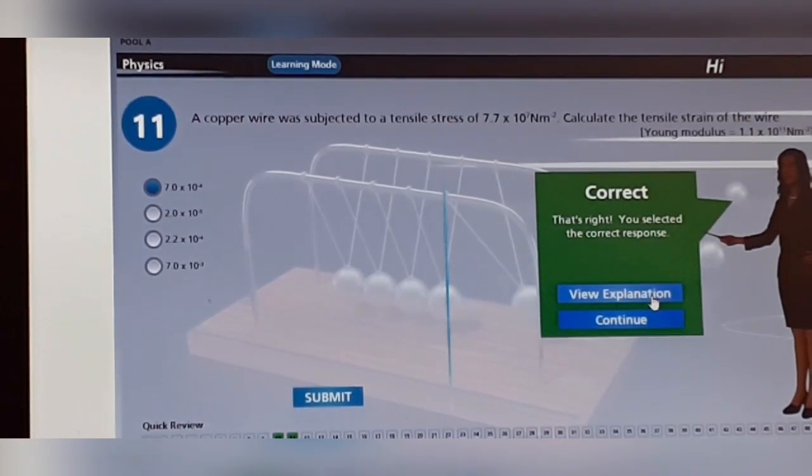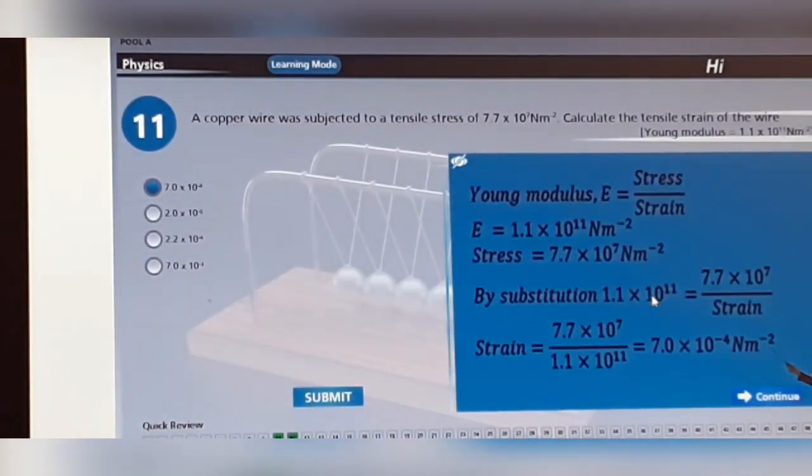Now, the formula for calculating Young modulus is stress divided by strain. But here, we are meant to look for the strain. Stress has been given. Young modulus has been given. So, replace the Young modulus with the value of Young modulus given, which is this. Alright, which will give you equals to the stress which has been given, 7.7 times 10 to the power 7.